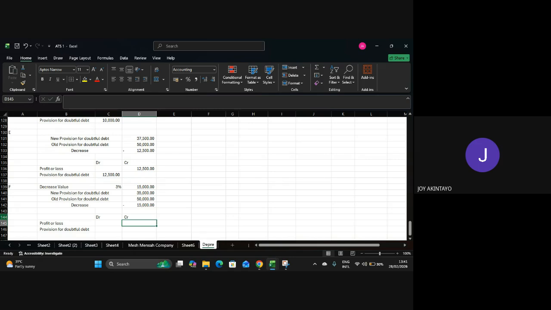Debit, we debit when there is a decrease. The 15,000 naira decrease value, are we debiting it in POL or are we crediting it? We said decrease is an income to us.